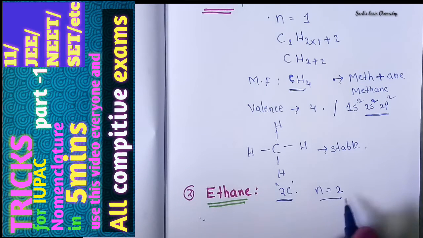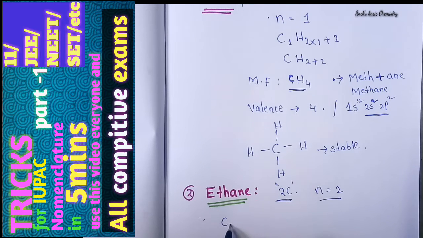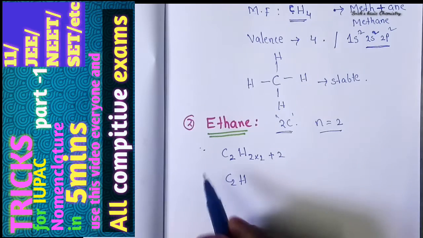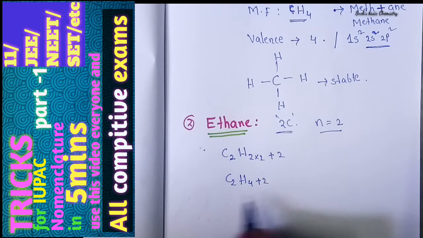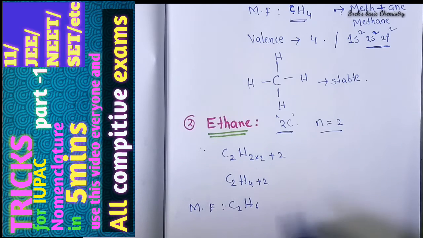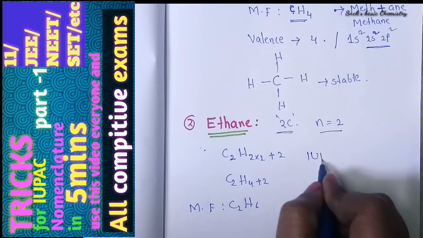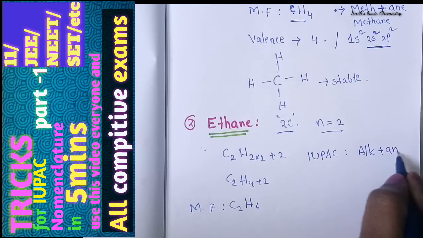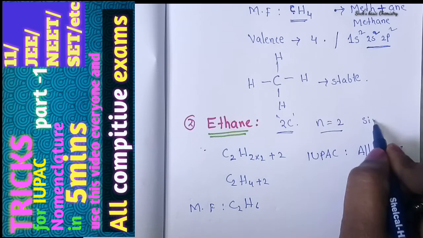Applying the general formula of alkane, C2H2 into 2 plus 2, that is 4 plus 2, which is 6. This is the molecular formula of ethane, C2H6. For the IUPAC name, we use alk plus ane. Which bond is present? Single bond.